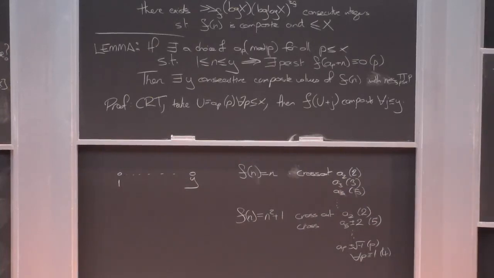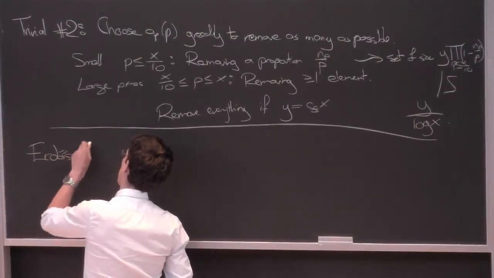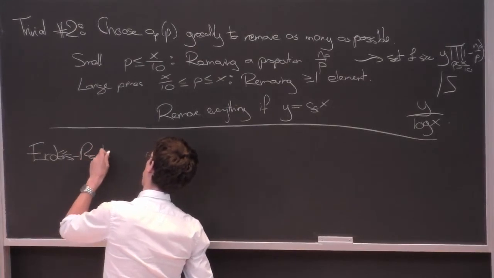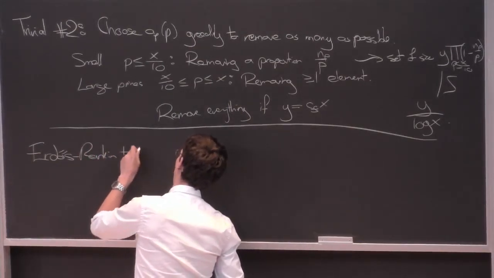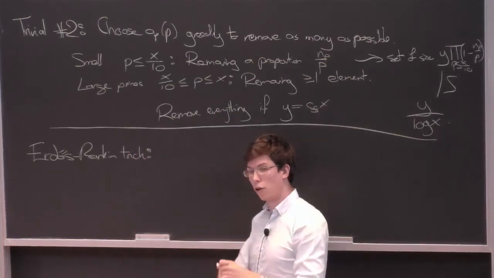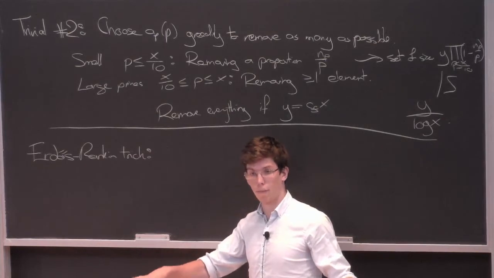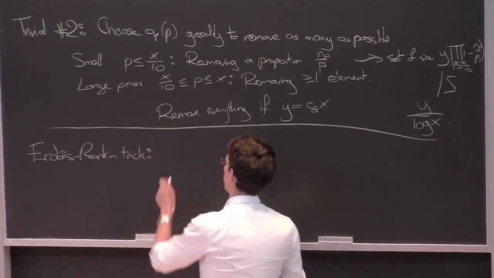So rather than just choosing these APs greedily, the Erdős–Rankin trick is to note that it's unusually efficient to choose AP to be equal to 0 for the vast majority of medium-sized primes.